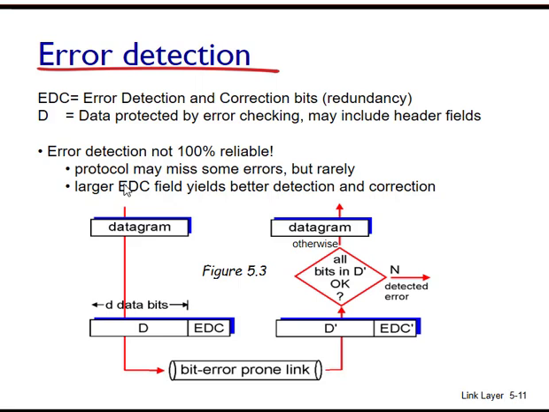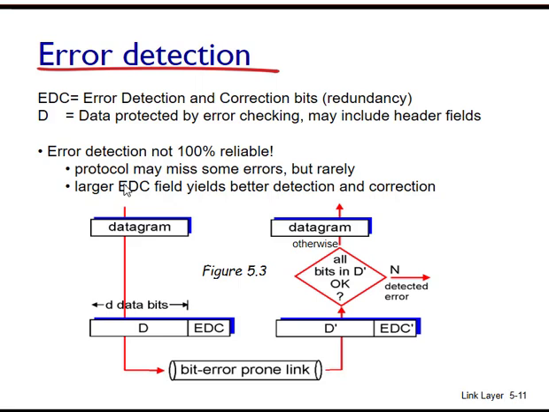Figure 5.3 here illustrates the setting for our study. At the sending node, the data to be protected against bit errors is augmented with error detection and correction bits.